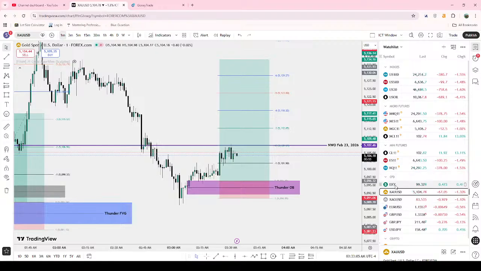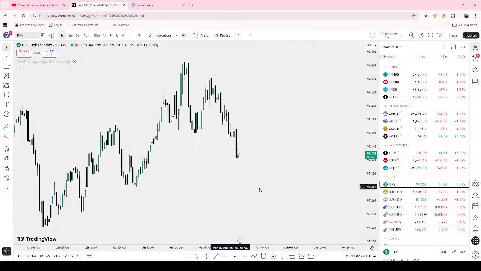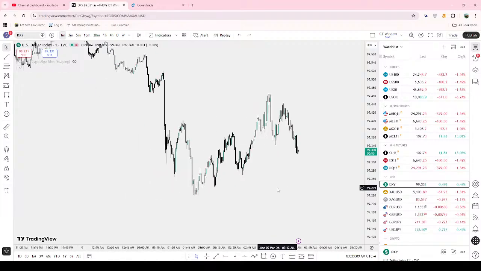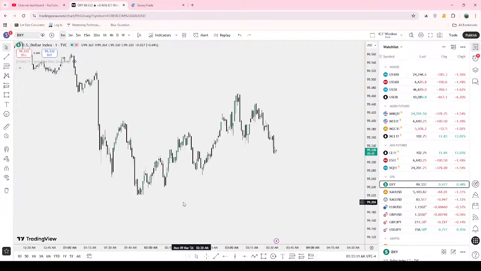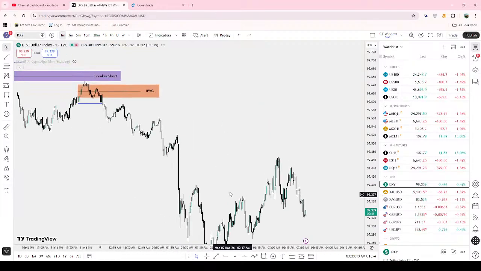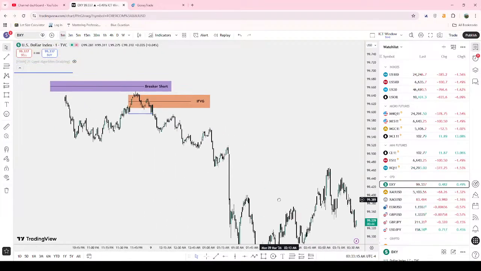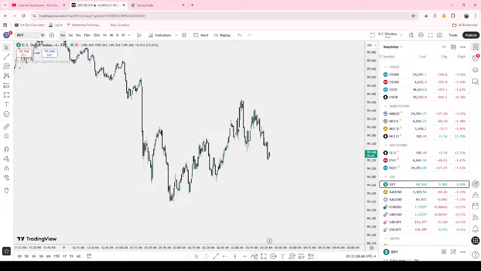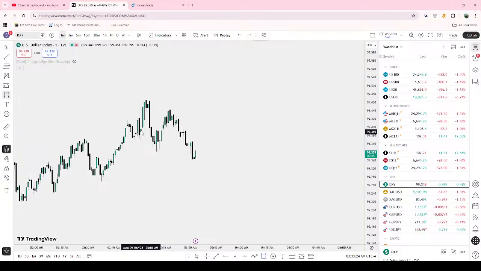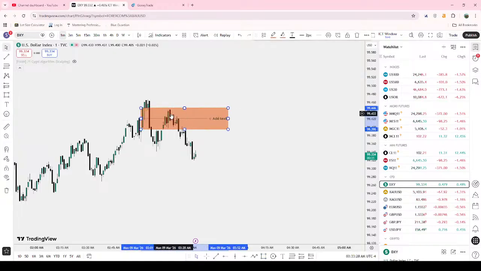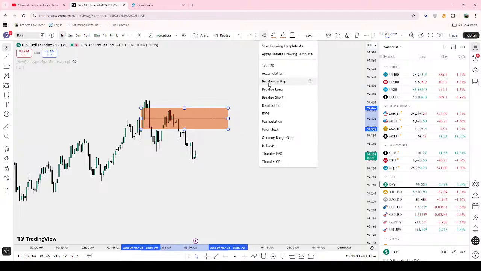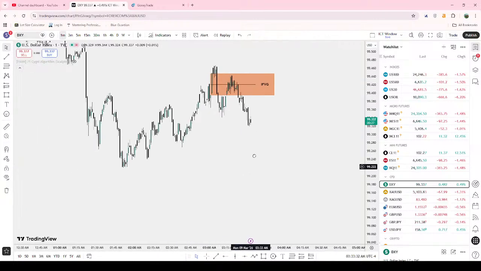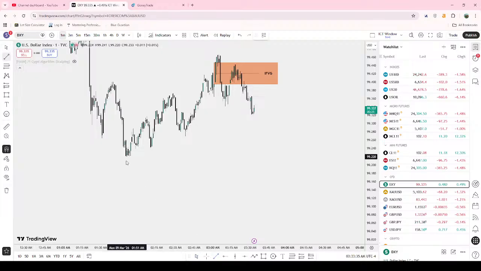So looking at Dixie, Dixie had a big move down. So Dixie is preparing for another move down. Here we can see the candlesticks have respected this inversion fair value gap, and it might come down to take this liquidity.